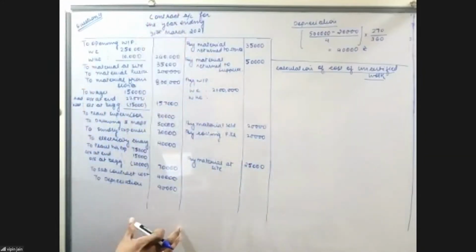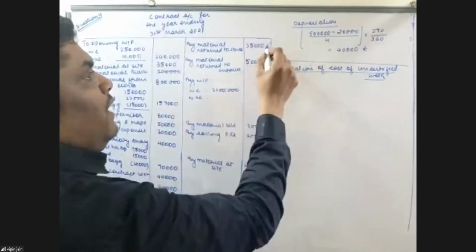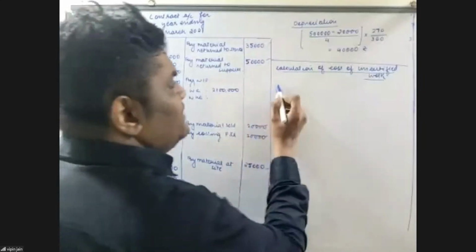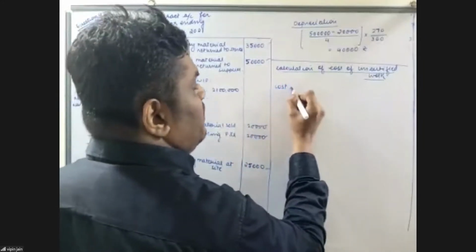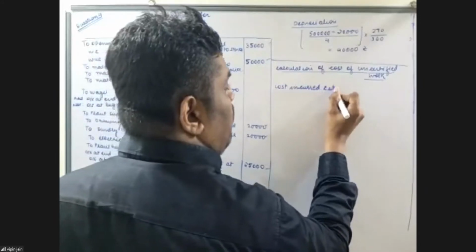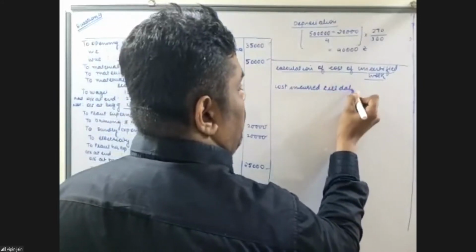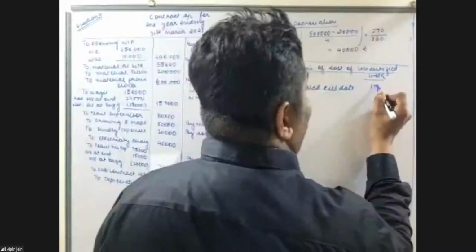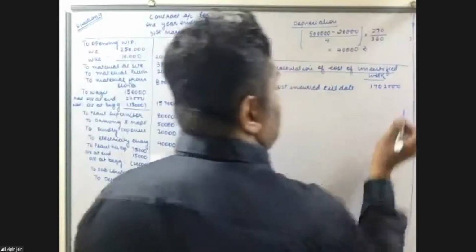The total of this side minus 1, 2, 3, 4, 5. The cost that is incurred till date is 17,02,000.